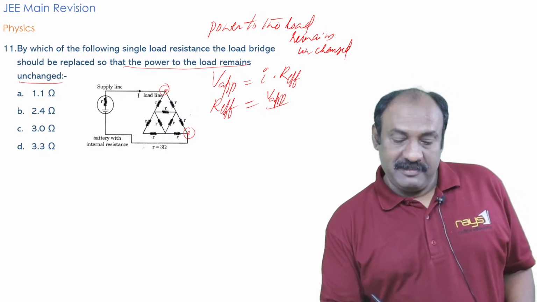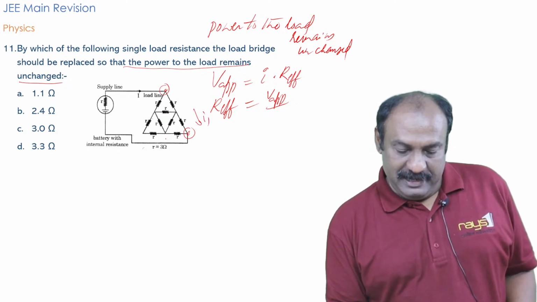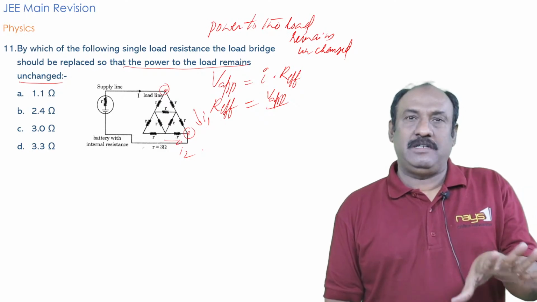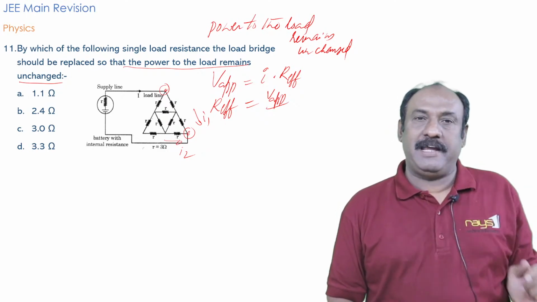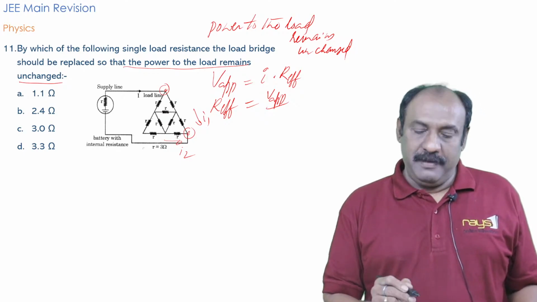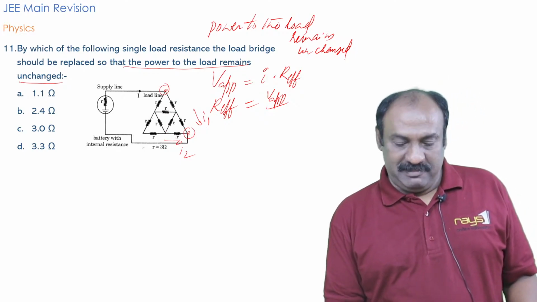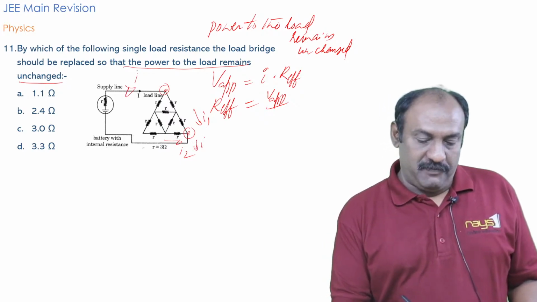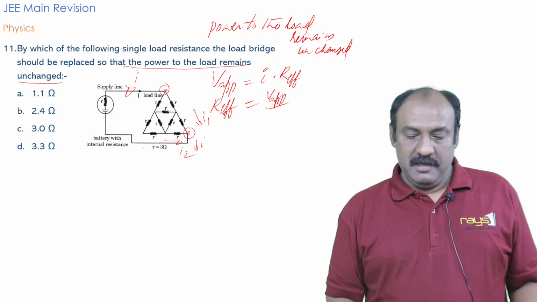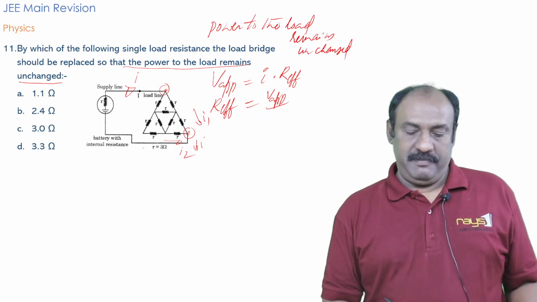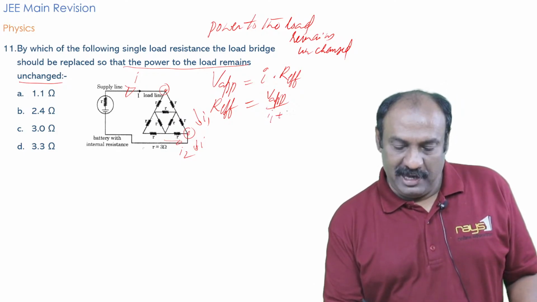Whatever the current division through different resistors in this complicated circuit, finally this branch current plus this branch current will equal I. Whatever current is drawn from the source will equal the current through these last 2 branches, which merge into I. So it is I1 plus I2.